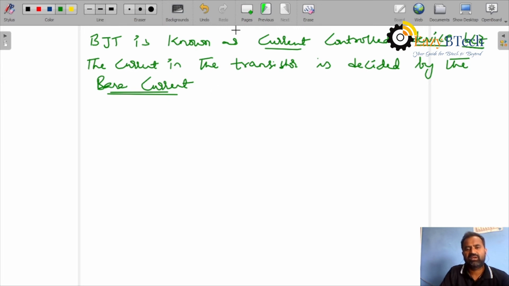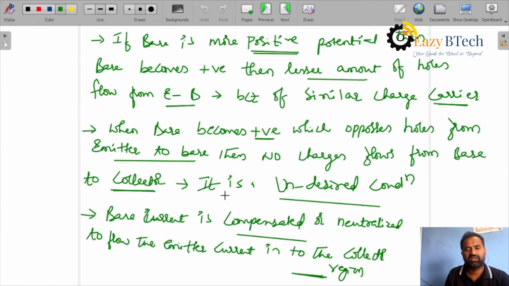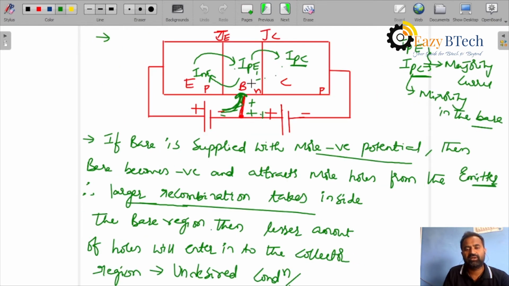Now you can see, if more negative is applied, there is lesser movement. If more positive is applied, there is no movement from the emitter to the collector. That is not a transistor action. That is why this base current decides the amount of current flow between emitter and collector. That is why it is a current control device.